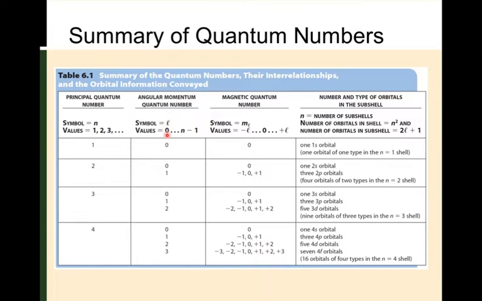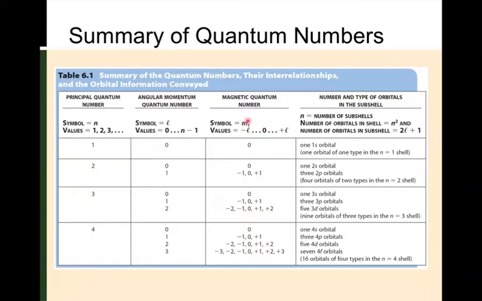This L is equal to 0. And then as we increase the values of n, we get more values of L, which allow us to have different shapes of orbitals. We had s orbitals, which were spherical. We had p orbitals, which were kind of like a bow tie or dumbbell shaped. And then we had d and f orbitals, which we didn't quite go into in detail as to their shape, just that they were called d and f orbitals.